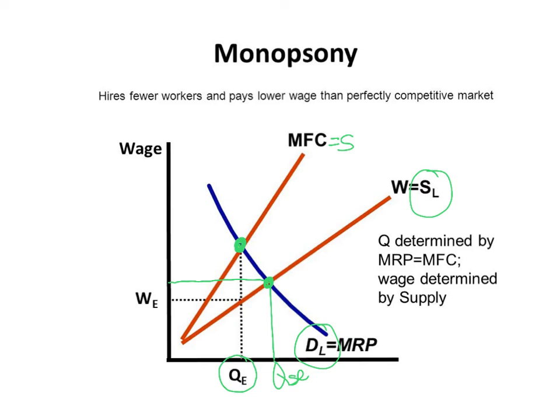And at that quantity, this would be the wage that workers would work for. Therefore, we could see that the wage being set by the firm is below the socially efficient wage, and the number of workers hired will also be lower than the socially efficient quantity of workers, and thereby the monopsony would create the area of deadweight loss.